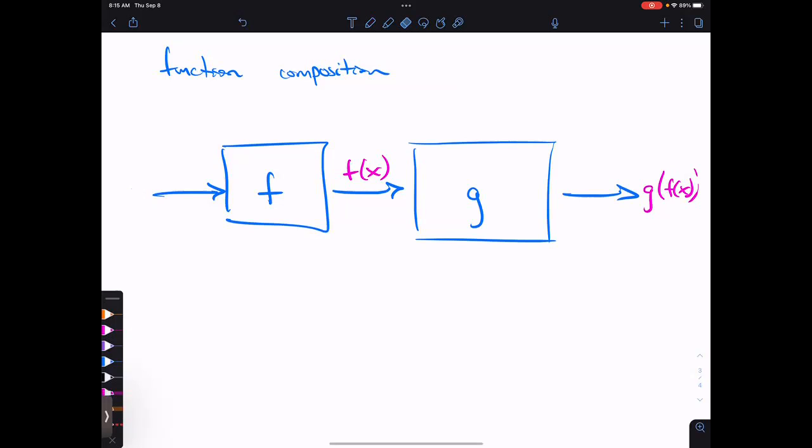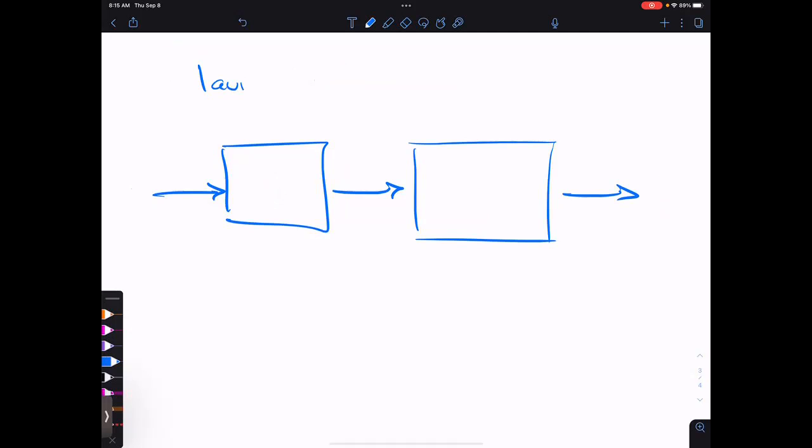I think a good example that will help you think through what's going on is if we do this in the context of doing laundry. Not a trick question. What do you do?